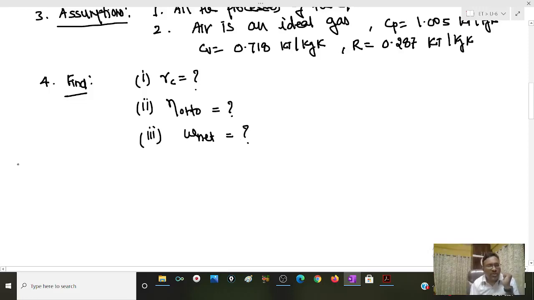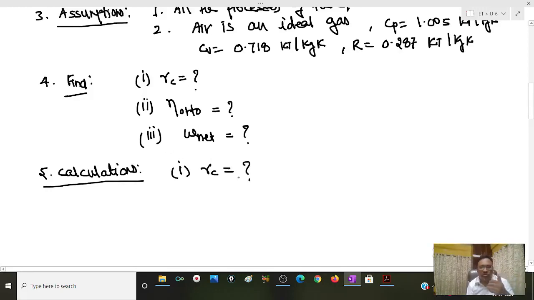Let us do the required calculations to get all these values. We will be starting our calculations with the calculation of compression ratio. It is always recommended to do the calculations point-wise if you have been asked to calculate the parameters point-wise.